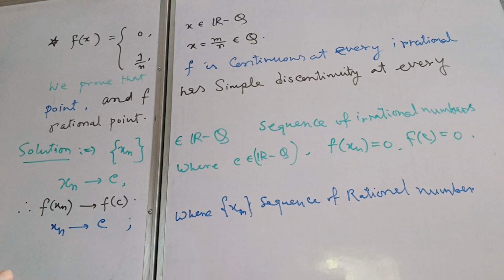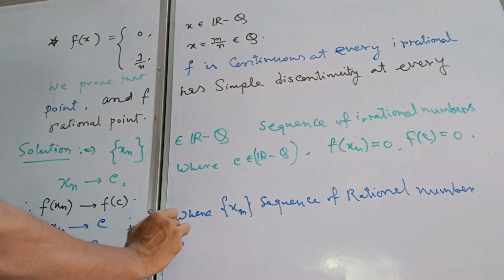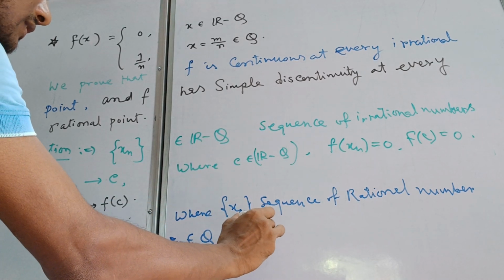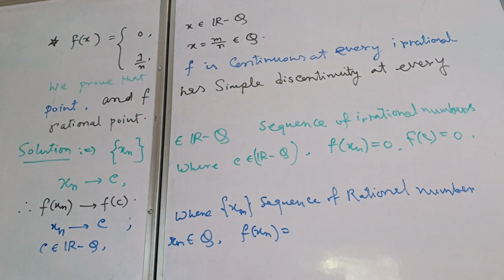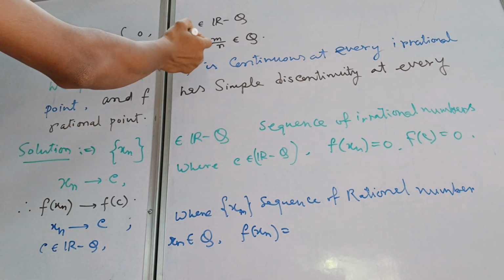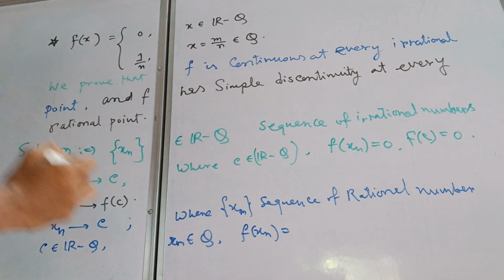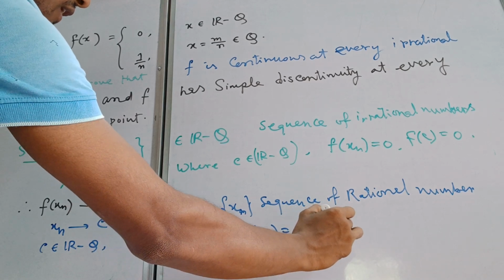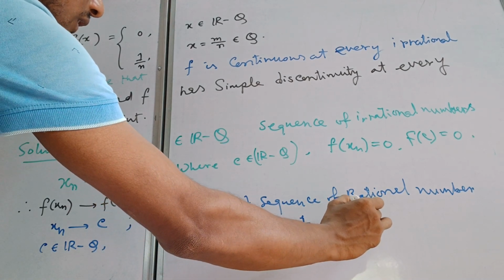Then c belongs to R minus Q, and xn belongs to Q. Then f of xn equal to what? If x belongs to m/n, then f of xn equal to 1/n, where xn equal to m/n.